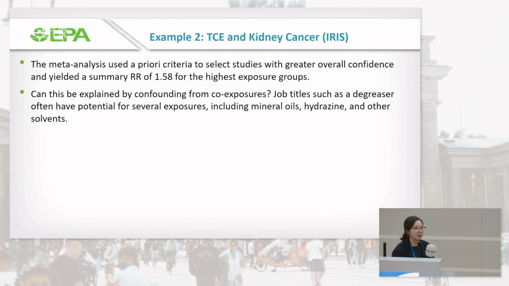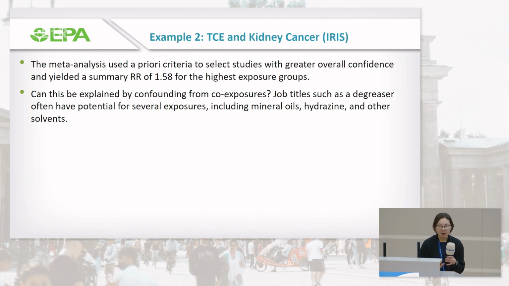But more importantly, for thinking about triangulation, the TCE review also had a very extensive discussion about potential heterogeneity among study findings, and could this be explained in an expected way. So one issue would be confounding by co-exposures, and whether that would influence both the study-specific and the overall or meta relative risk estimate.